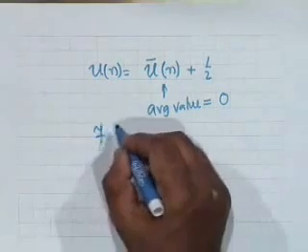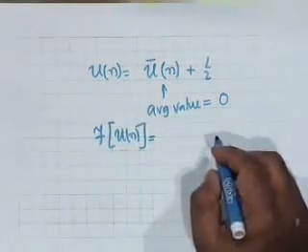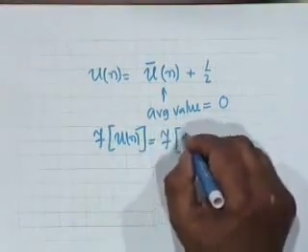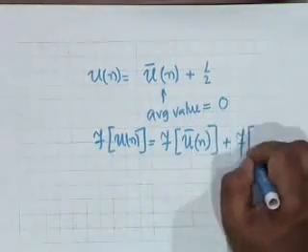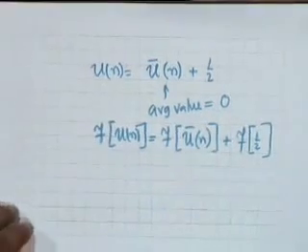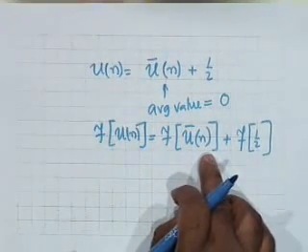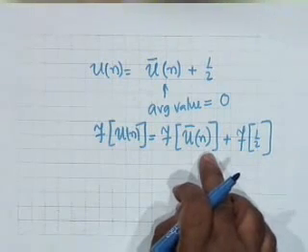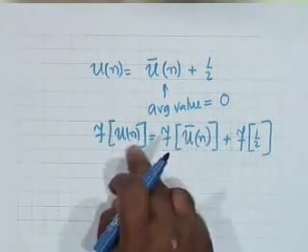Now therefore the Fourier transform of u of n is equal to the Fourier transform of u bar of n plus the Fourier transform of half. So if we know the Fourier transform of u bar of n, whose average value is 0, then we can find out the Fourier transform of u of n.